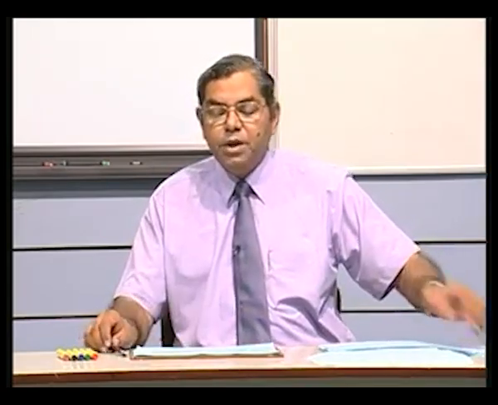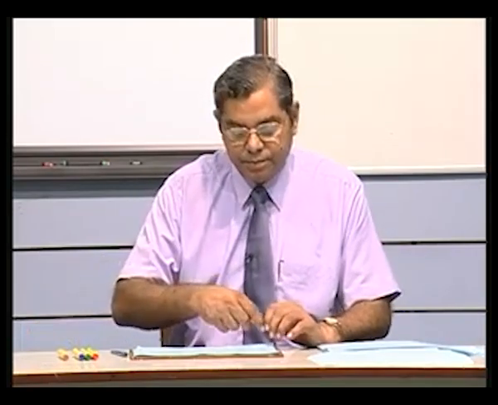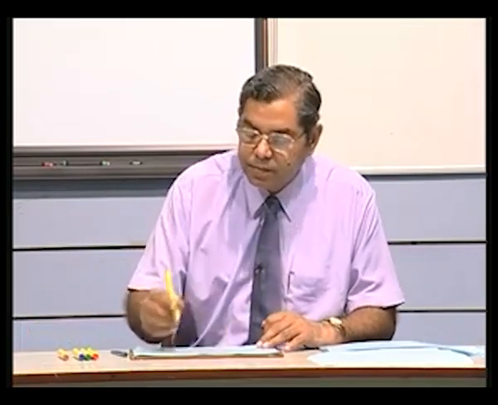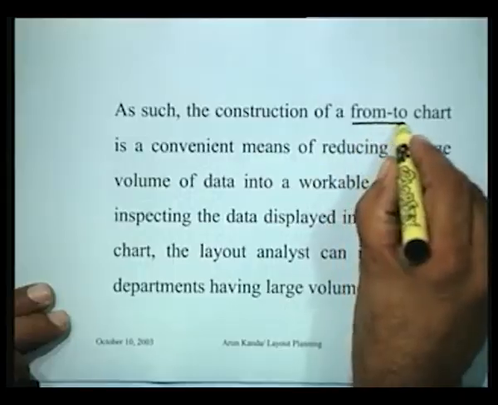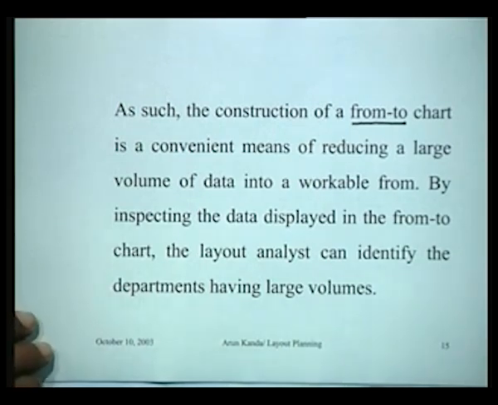Now what we are going to do is we are going to actually construct what is called a from to chart. And a from to chart is actually a convenient means of reducing a large volume of data into a workable form.